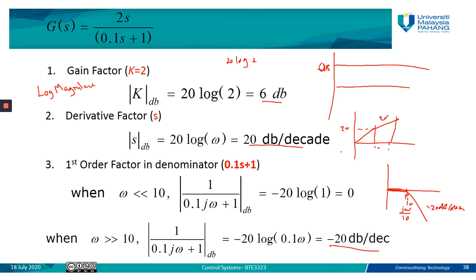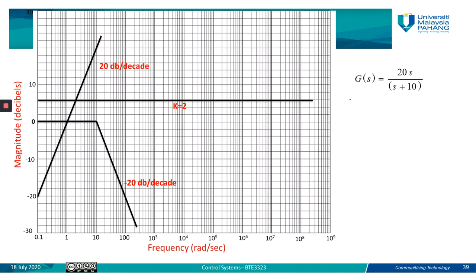So the three graphs will be like this: one, you have positive 20 dB, starting from 0 point 1 and forward. Then you have one that is 6 dB, and one that will have negative 20 dB starting from the point of 10, or omega equal to 10. This is the plot for the three components.